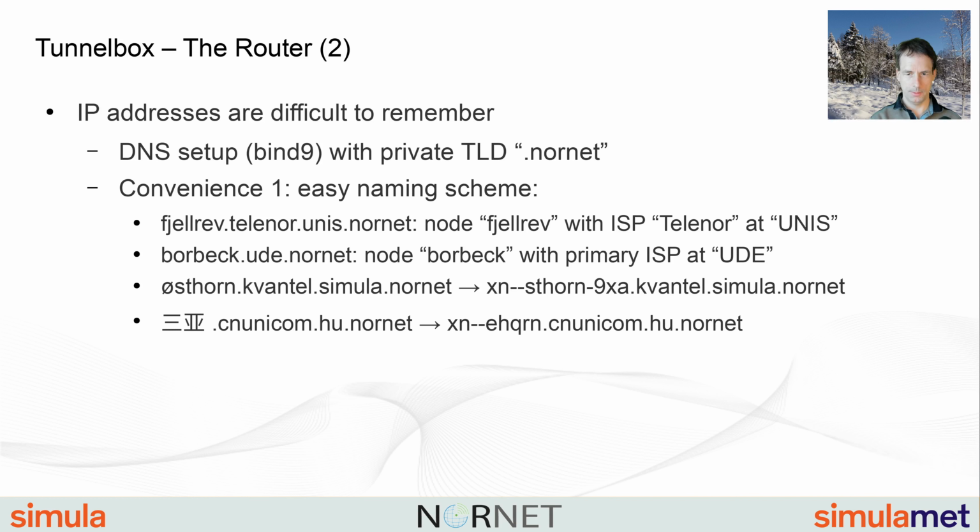So for example, we have a machine storn.quantel.simula.nornet. So this is the site simula.nornet using the ISP Quantel and the machine storn. And of course, since Norwegian names can also have special characters, this setup also supports Punycode.